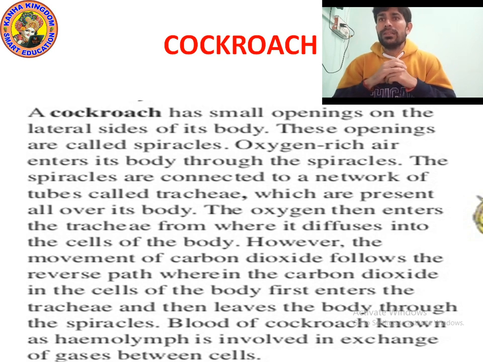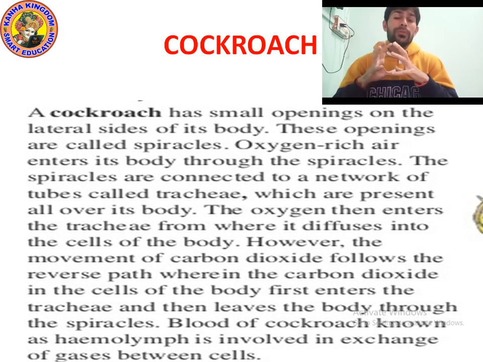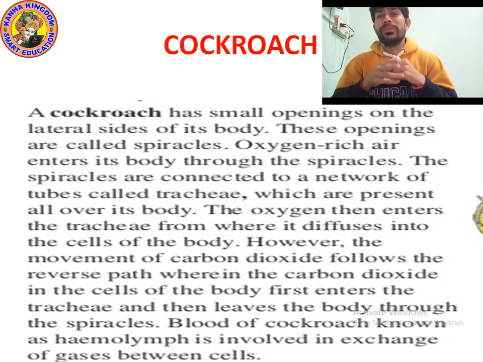The oxygen then enters the trachea from where it diffuses into the cells. However, the movement of carbon dioxide follows the reverse path, wherein the carbon dioxide in the cells of the body first enters the trachea and then leaves the body through the spiracles.